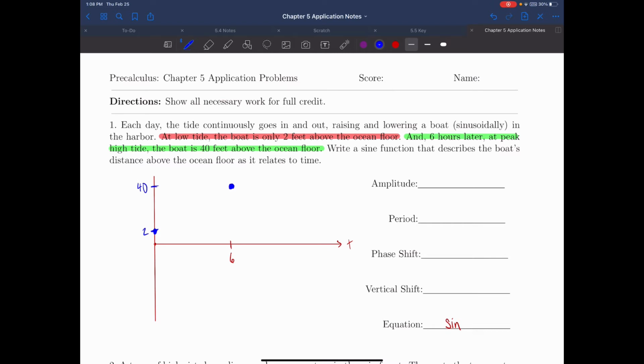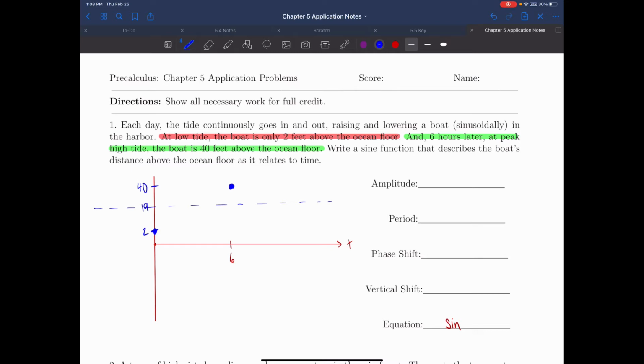What we'll do next is create the midline. The midline's between those two numbers. How we're going to get that midline number is just subtract 2 from 40. So 40 minus 2 is 38, and then divide that by 2. So this number would be 19.